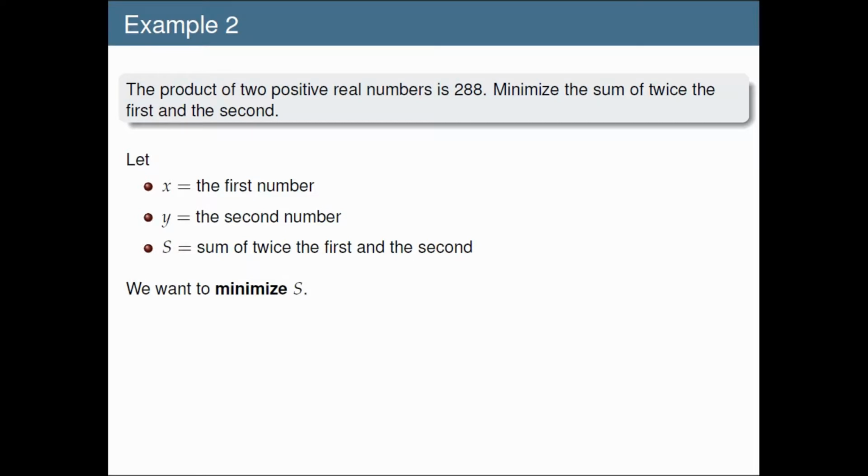Okay? Gawa natin yung equation, yung s, x, and y. Since s is the sum of twice the first and the second, the first number is x, and the second number is y, then s equals 2x plus y.